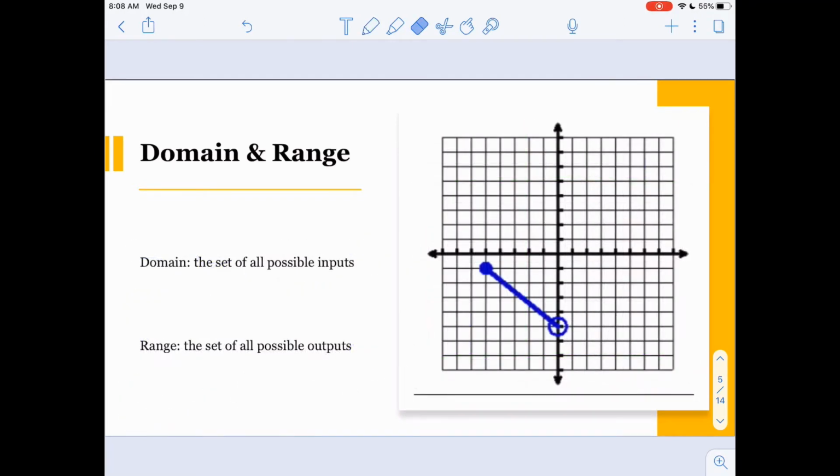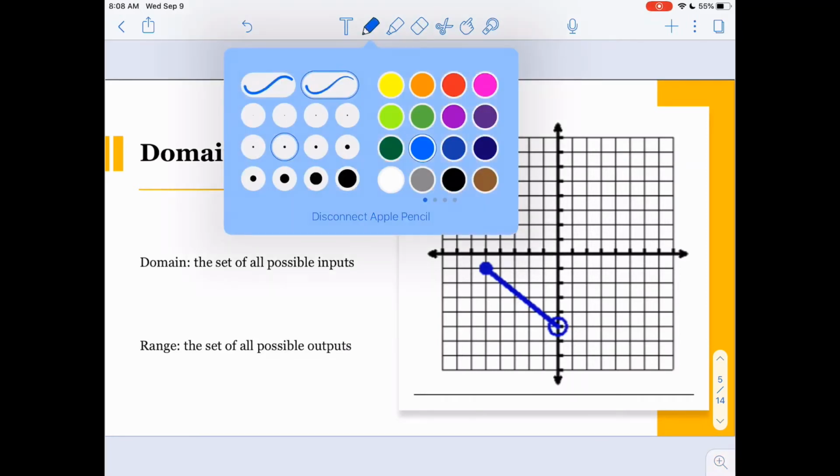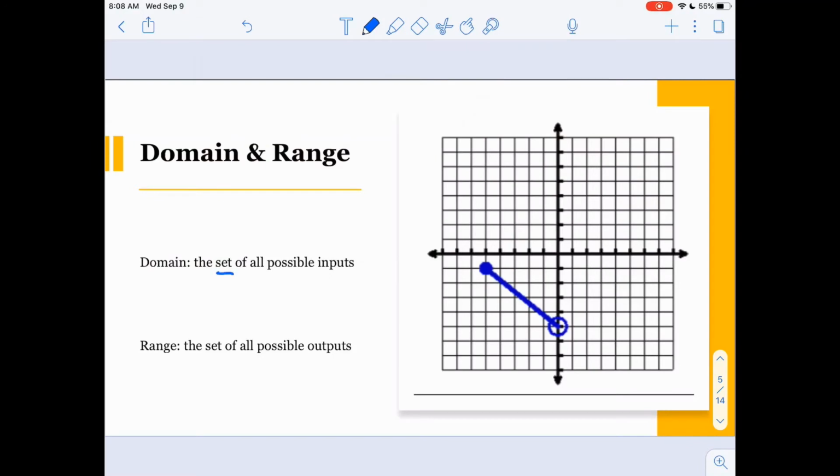Now let's try another example. Again, we're simply going to find the list of all possible inputs, which is our x's. So the x-axis runs horizontally. So the smallest x will be the one furthest to the left.